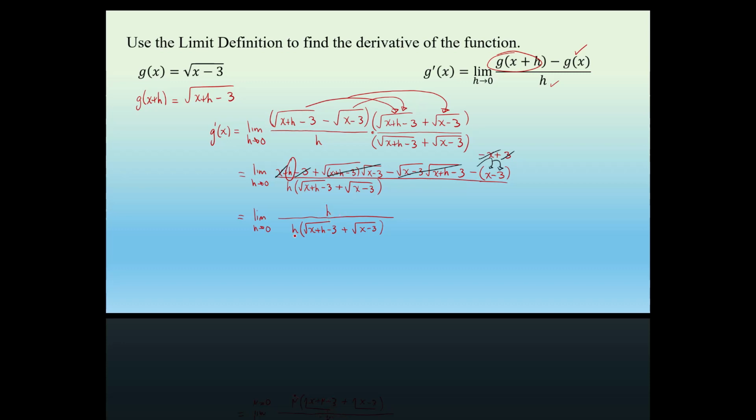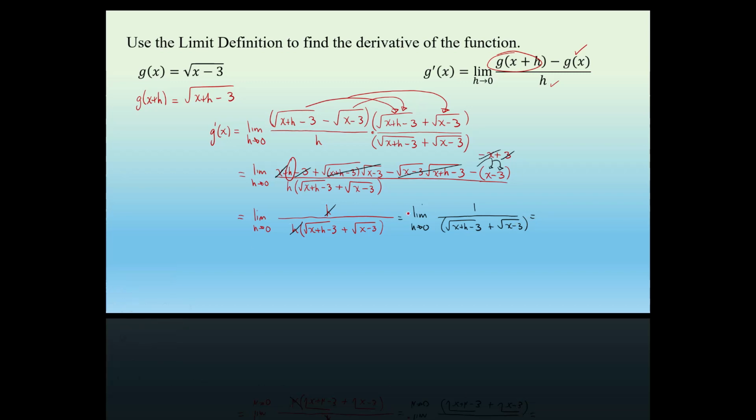Now notice the reason I did not distribute in the denominator is because now I can cancel the h in the numerator and the h in the denominator, and I'll end up with the limit as h goes towards 0, 1 over square root of x plus h minus 3 plus square root of x minus 3. And then from here, we'll apply direct substitution.